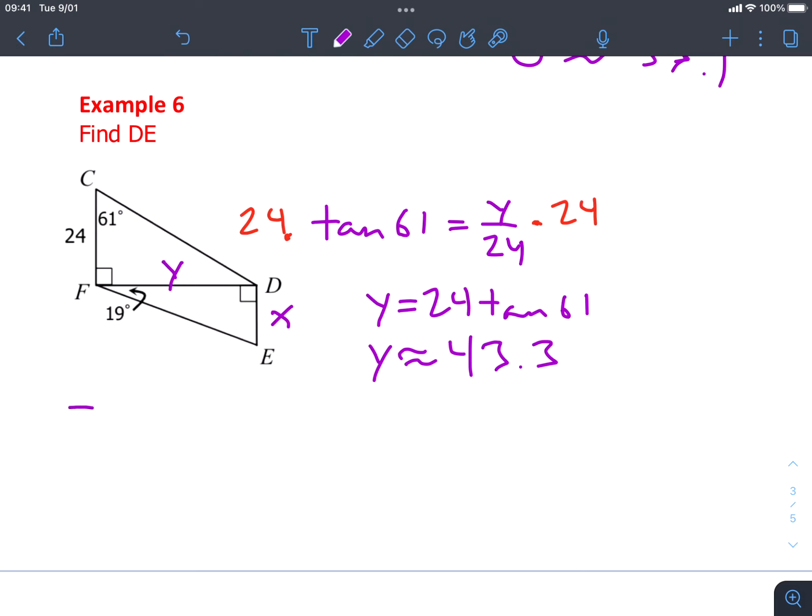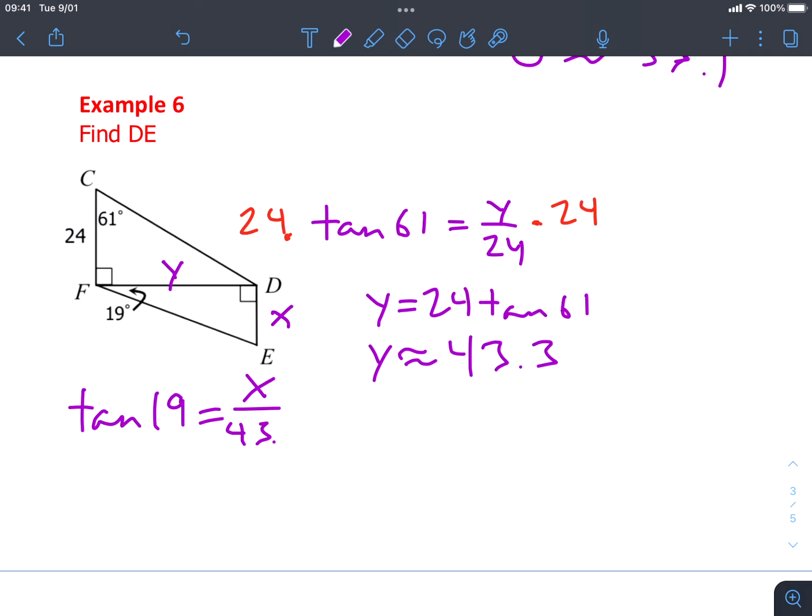My tangent of 19 is equal to x over y. Well, since I know that my y is 43.3, I can substitute that in.